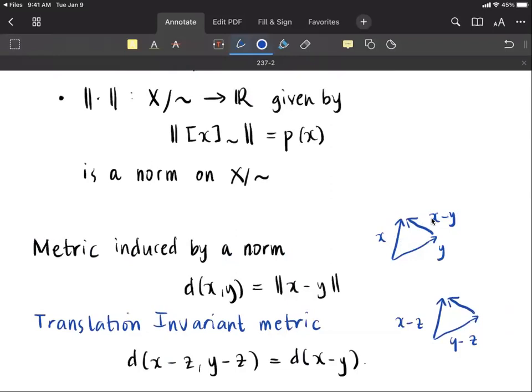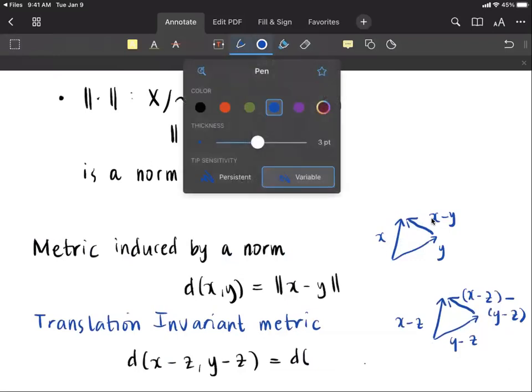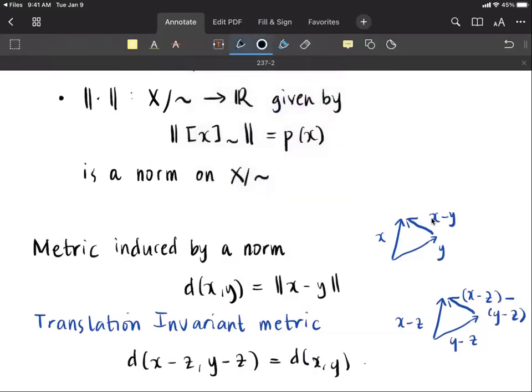Then this difference would be what? x minus z minus y minus z. Okay, so you can see here that the z would cancel, and you still have the same difference in fact. Okay, so the distance between two points, there's a typo here. There should be the distance between x and y. Okay, so if you translate the two vectors, the distance would be the same. And that is what we call translation invariance.